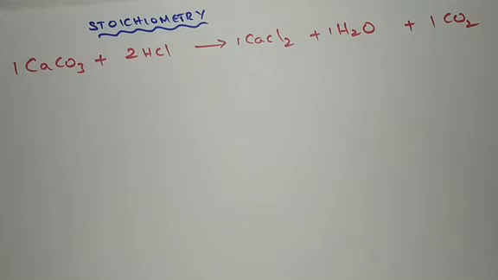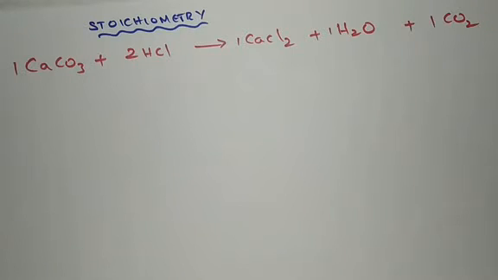This is called stoichiometry. In Greek, stoichiometry means to measure an element, or to measure reactant and product compounds. The coefficients of the balanced chemical equation are stoichiometric coefficients.